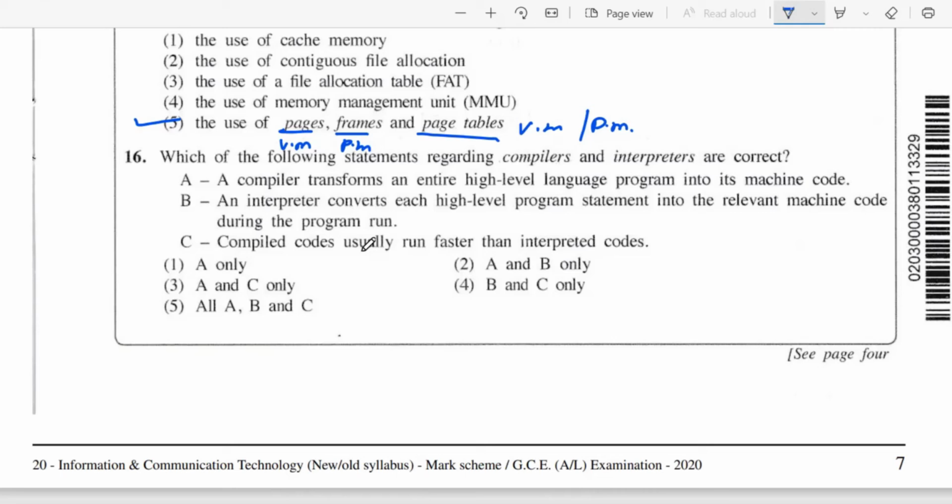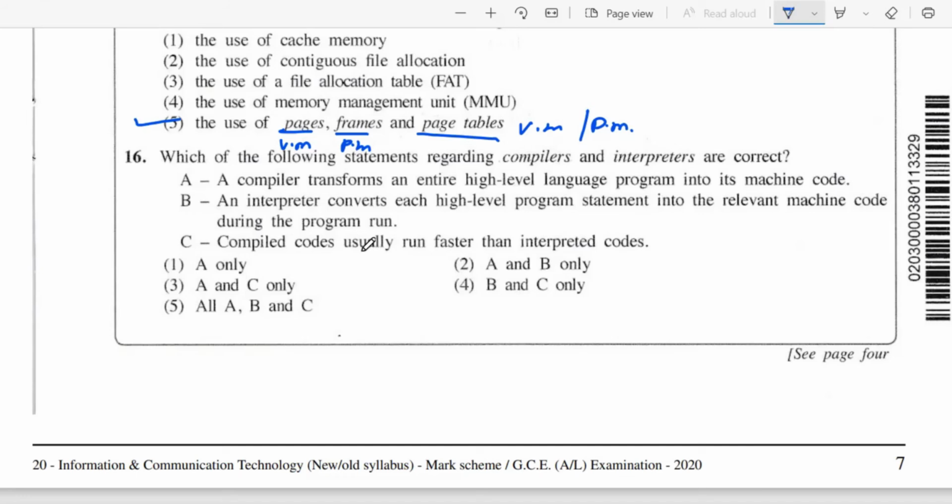Right. A compiler transforms an entire high-level language program into its machine code. Yes, a compiler translates the entire high-level language. What is a high-level language? The languages that we are using today for programming, like Python, Java, C++, C#, are all high-level languages.